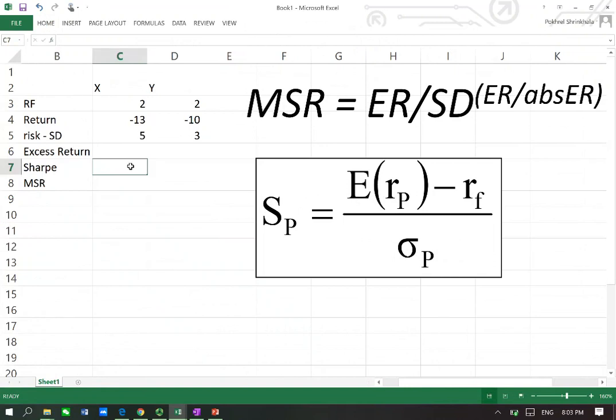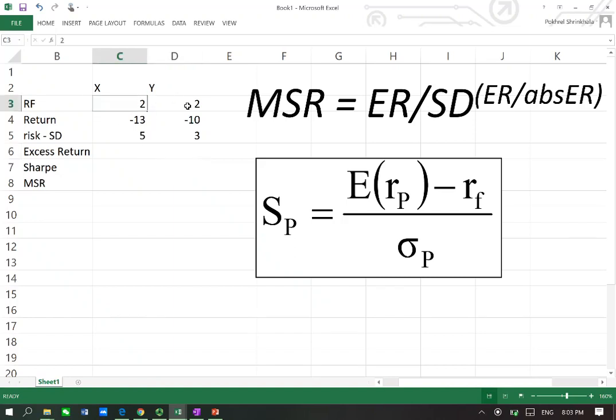Remember, in my previous example, there were two funds A and B, and the Sharpe ratio was the same. I thought it is good that I make another example for you in which the calculated Sharpe ratios are not the same. So here we go.